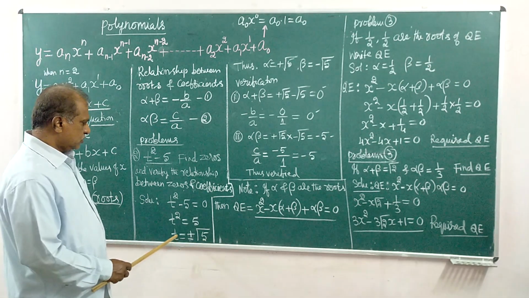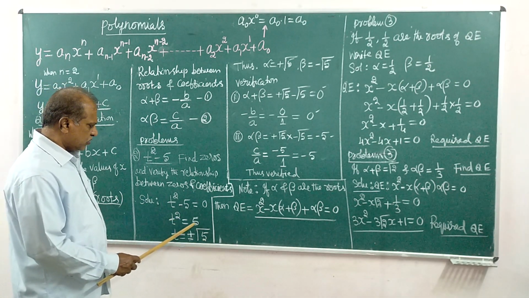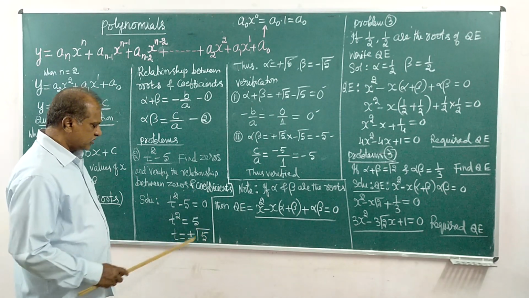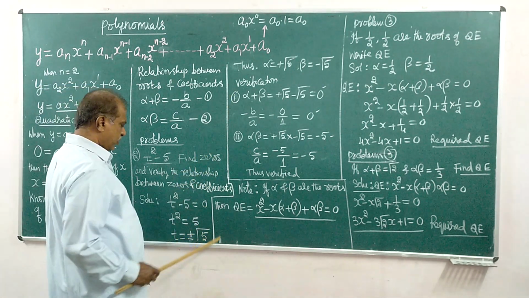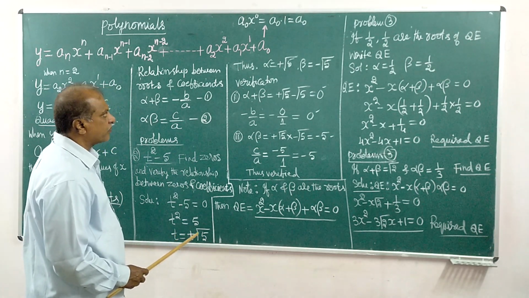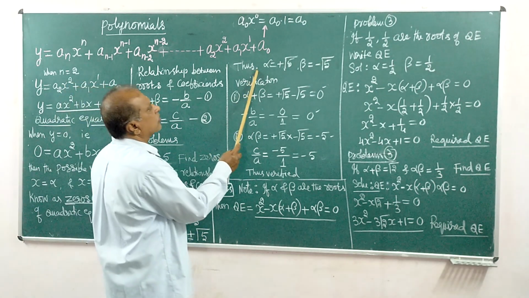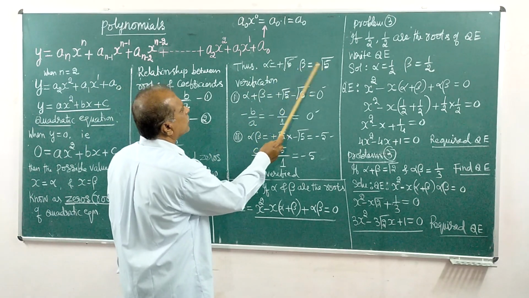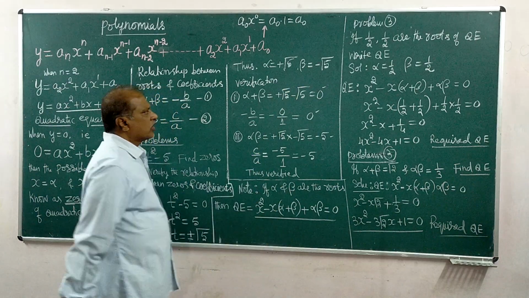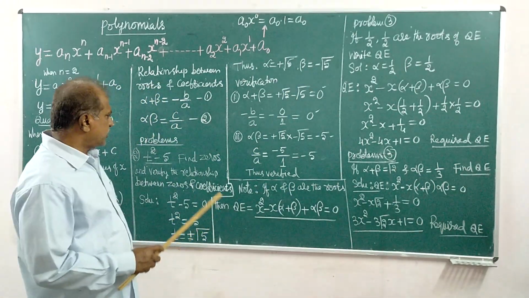So after t square equals 5, t is plus or minus root 5. Alpha is one root, beta is another root: plus root 5 and minus root 5. These are the roots of this polynomial.